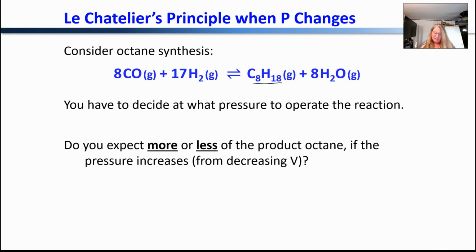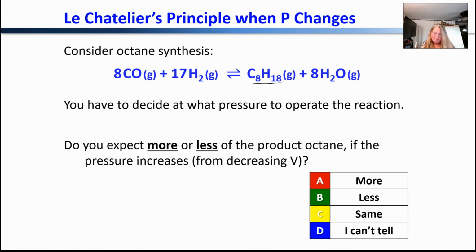So pause and think about that. So let's see. We have 1 mole of gas here, 8 moles of gas here. Everybody's in the same phase. So on this side, I have 10 moles. On this side, holy moly, I have 17. I have 25 moles.